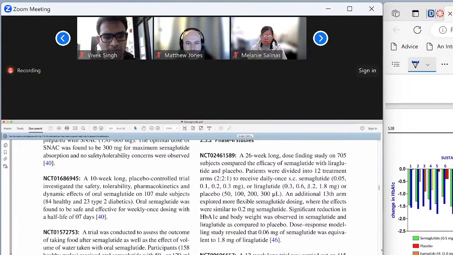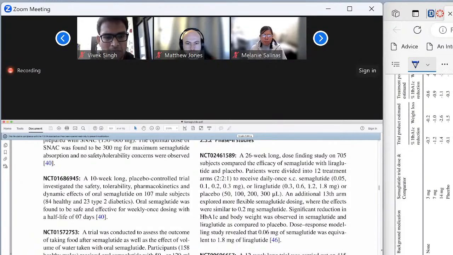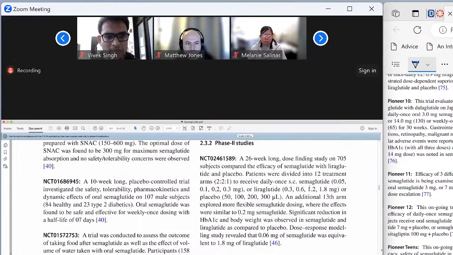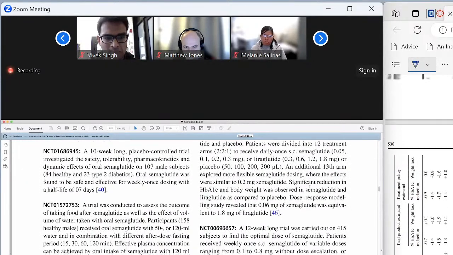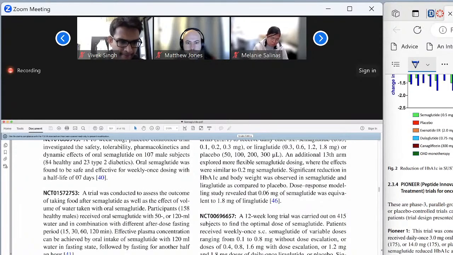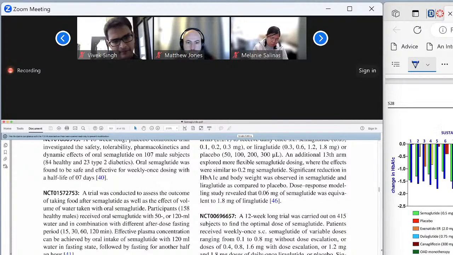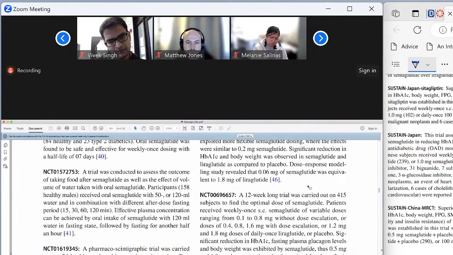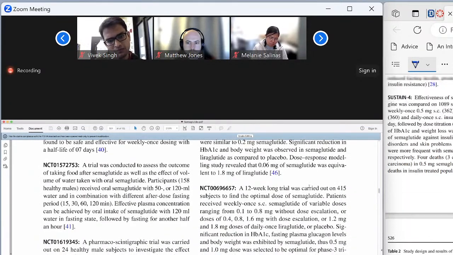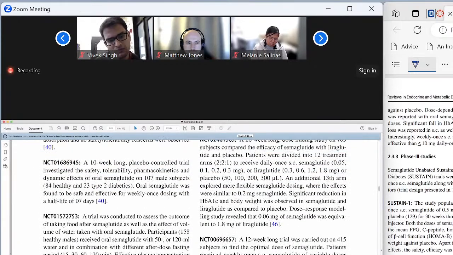Phase 2 studies can be looking at dosing, what's the most effective dose, as well as looking for some type of beneficial effect. And phase 2 studies, once again, tend to be relatively small.